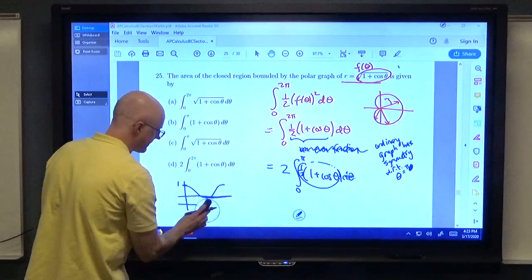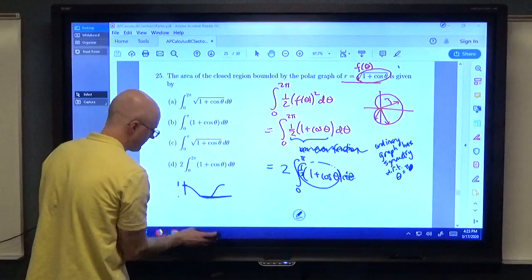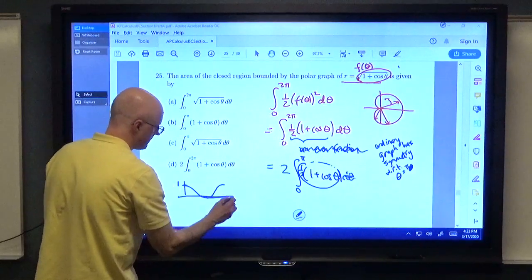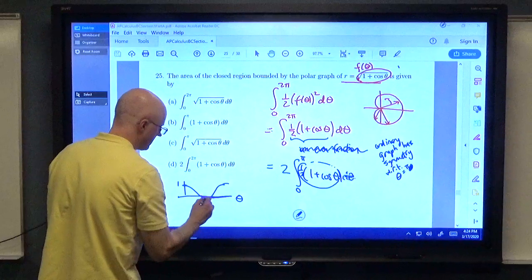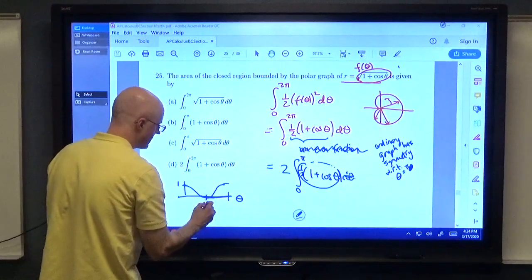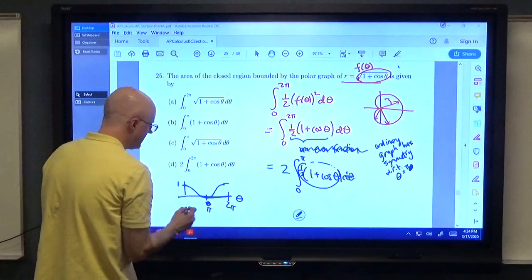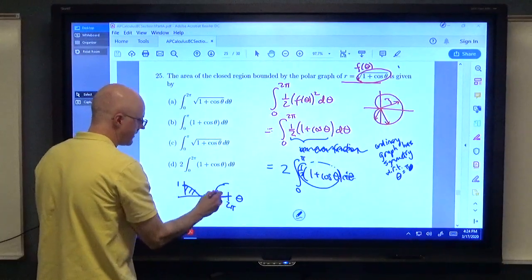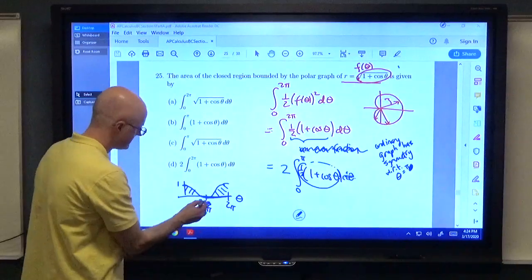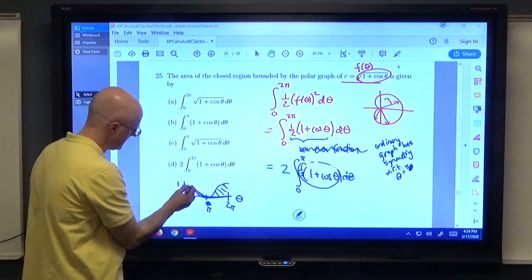Its minimum value is 0. Right there. Oops, it's pi, but its value is 0. It's 2 pi. The area here and here are the same. Okay, they don't look the same in the picture, but they are the same.